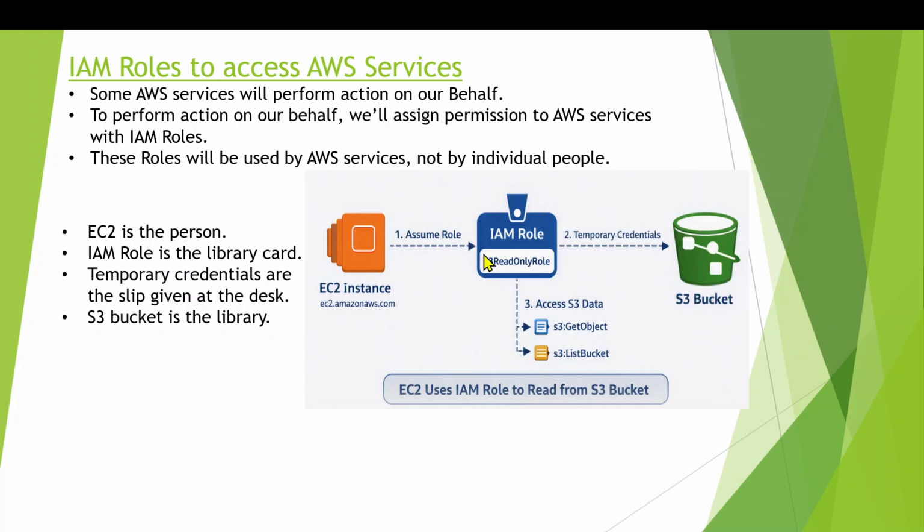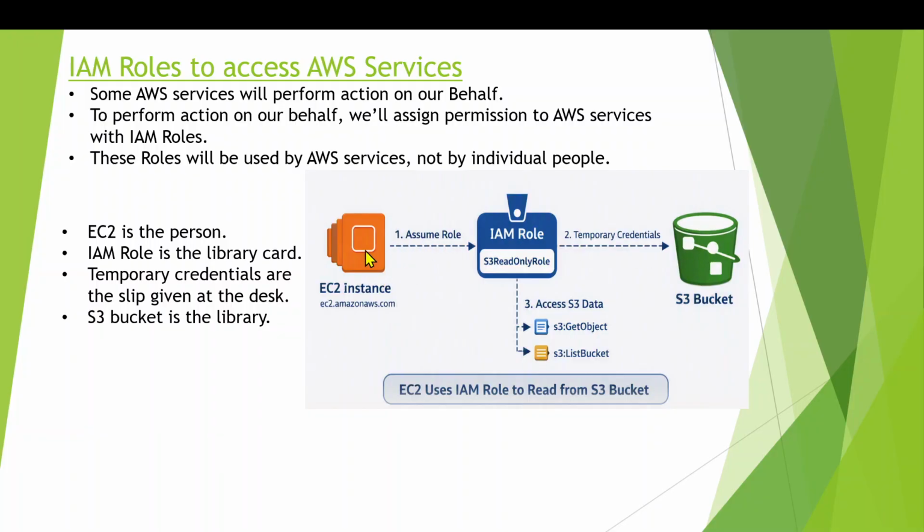So that is what it will use to read the file. And to make it even simpler, I have added the text on the left. Assume that EC2 is a person. On the left side, the orange color is a person, and in the middle, what you see, IAM roles, is a library card, and on the right side, S3 is a library.